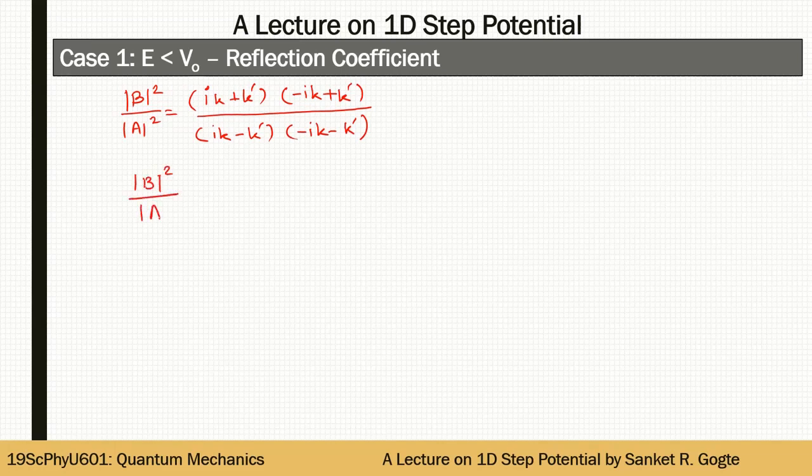Now I have mod b square by mod a square, which happens to be the reflection coefficient, and now it is simple, I don't have to go on expanding the bracket. What I have is something like this.